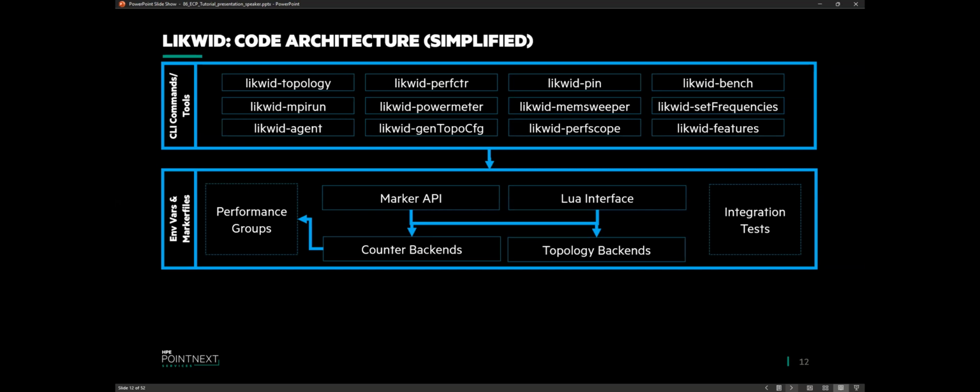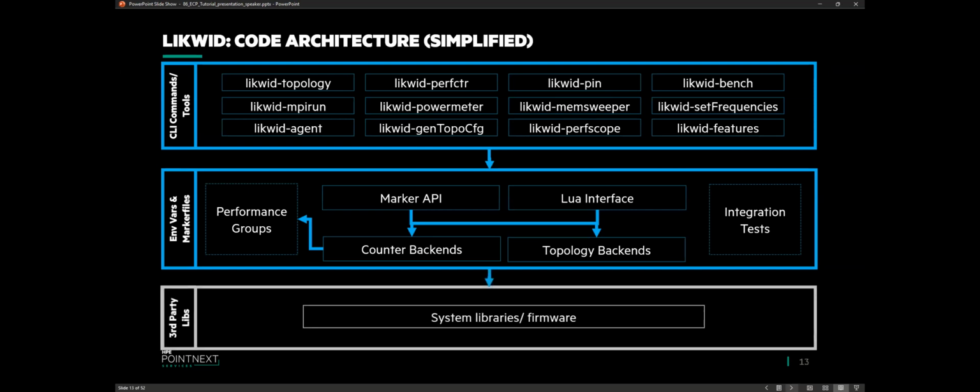On the right-hand side, we have several integration tests, which are orthogonal to this mid-layer and are mainly used for development as well as measurement purposes. Then at the very bottom, we have, especially in the GPU context, several third-party libraries, which are not part of LIKWID by itself. These are typically system libraries and firmware components, which are then queried by LIKWID.